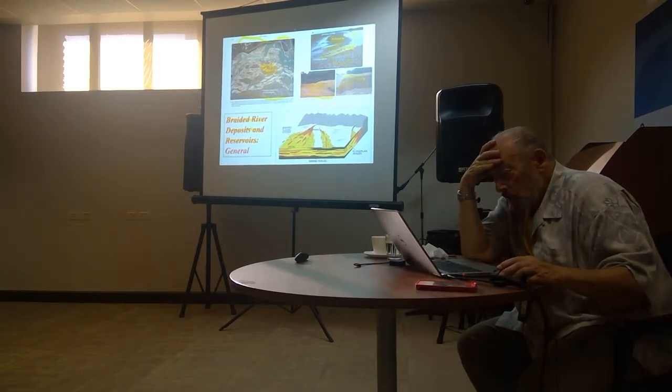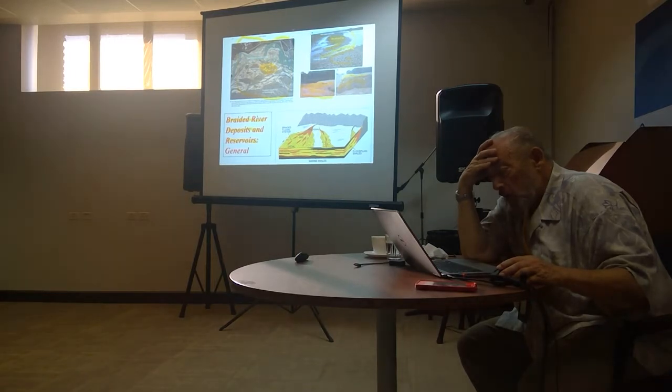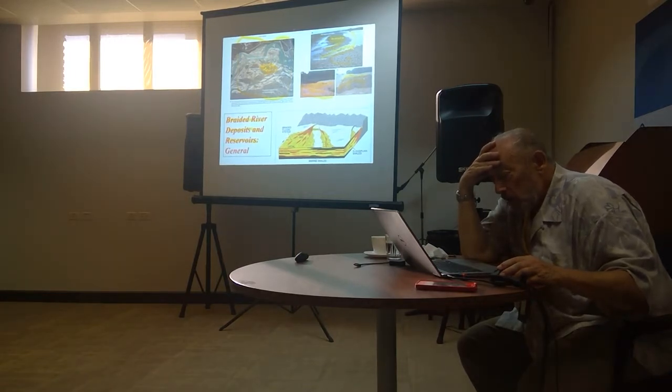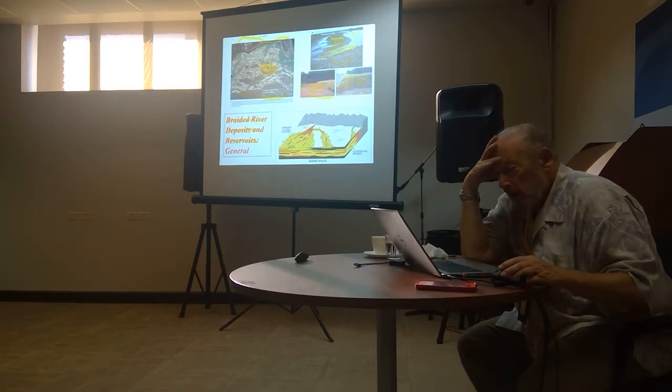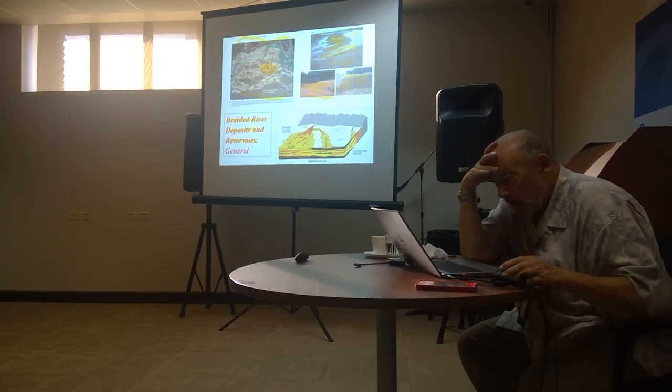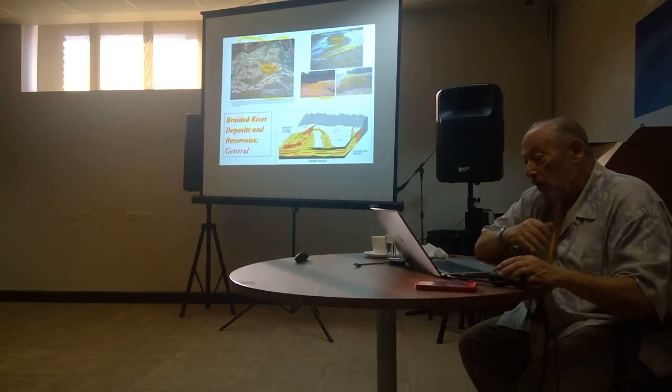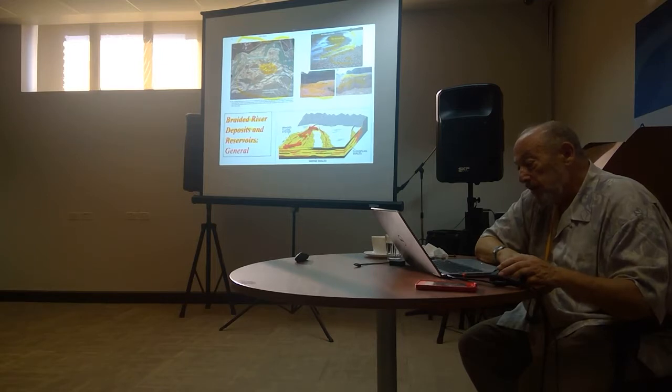So a cartoon, here's one where we go from proximal down to middle and down to distal down here. Probably can't see that. So proximal, medial, distal, decrease in grain size as you go down the dip.